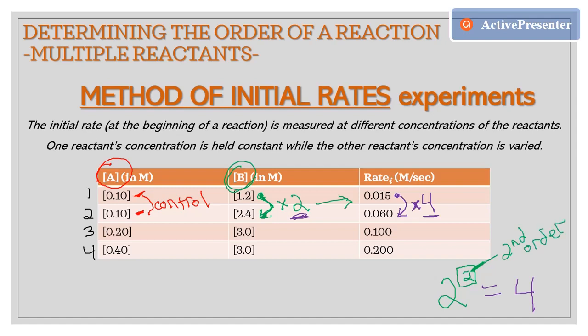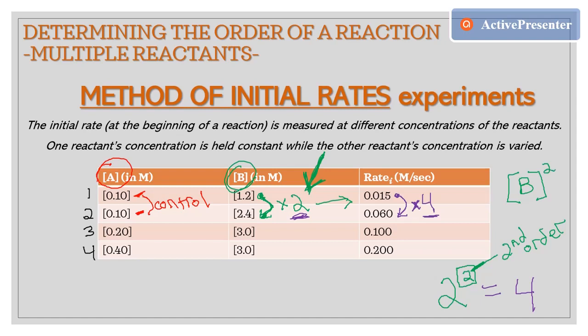Now, which reactant is second order? The concentration of B is going to be second order, because that is the one where we were messing around with different concentrations to see what would happen. So we would put the concentration of B in these brackets, and we would put a 2 up here as an exponent.